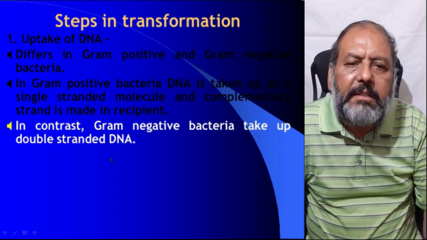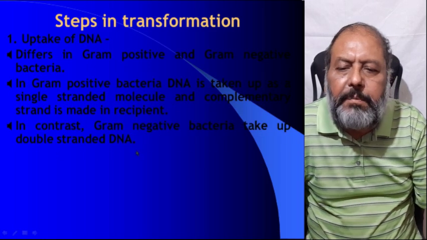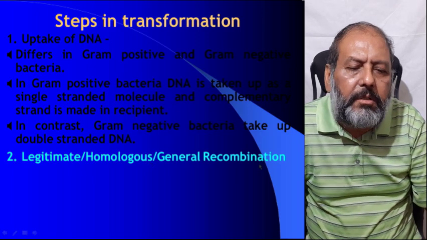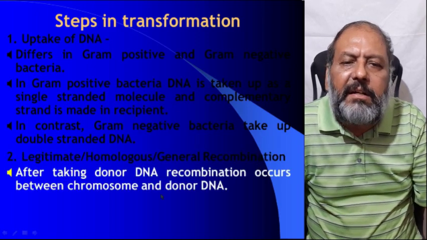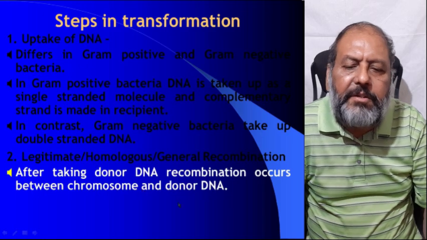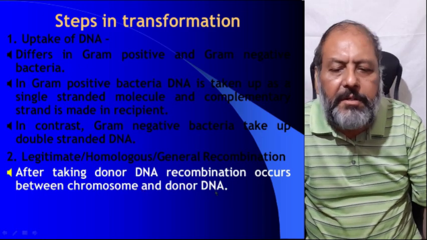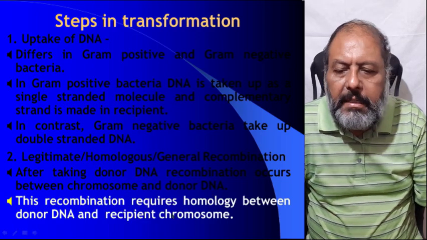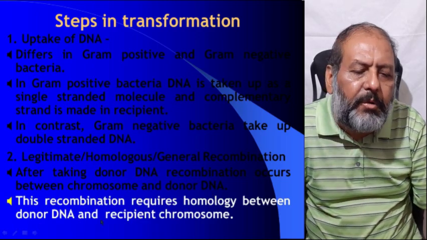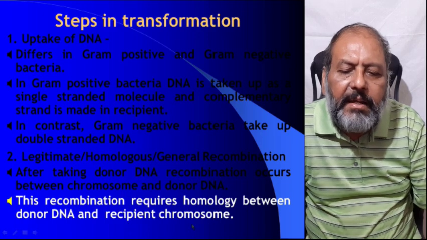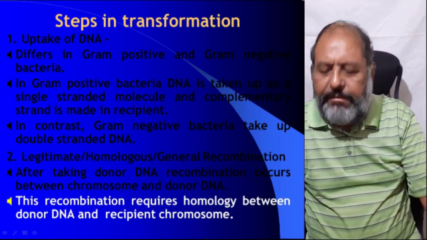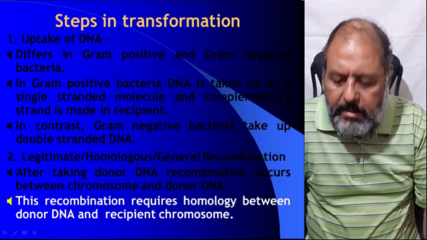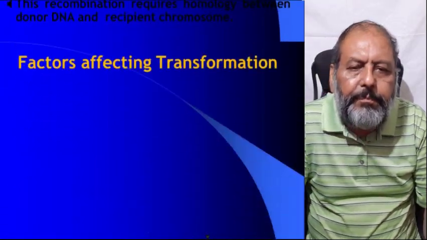In contrast, gram negative bacteria take up double stranded DNA, and legitimate homologous or general recombination occurs in transformation. After taking up donor DNA, recombination occurs between the chromosome and the DNA. This recombination requires homology between the donor DNA and the recipient chromosome. If they are of a different nature, they will not be able to make a successful and stable transformation.